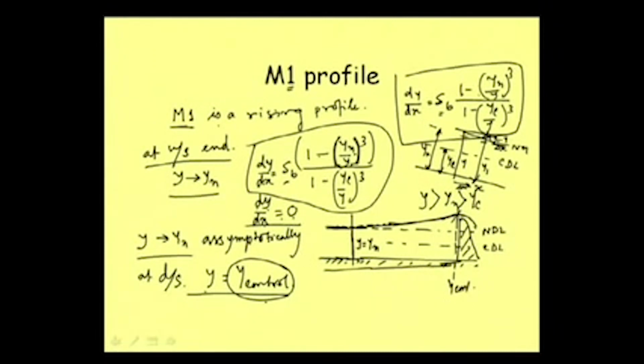So when we say that dy/dx is equal to 0, it means the depth with respect to the channel bed is not changing in the direction of x. So it will become parallel to the bed, not horizontal, at the upstream end. Okay.